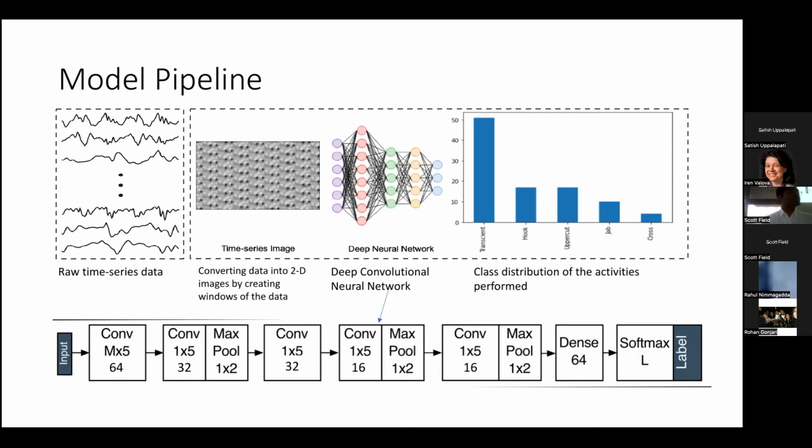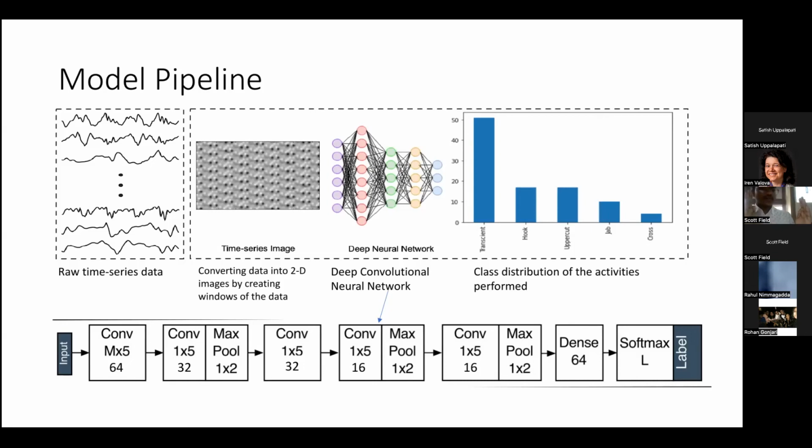And what is your window of the image? How many seconds or minutes do you cut per image? My data is polled at 100 hertz, so I have about 100 data points for a second of data.